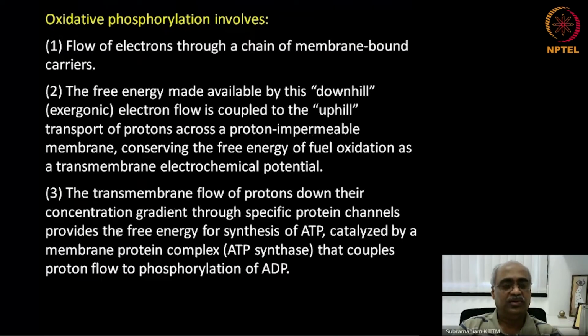So what are the processes? We will see the chemiosmotic theory in some more detail when we actually complete this oxidative phosphorylation steps and get to the final step. And before that, this is just a brief introduction to chemiosmotic theory.